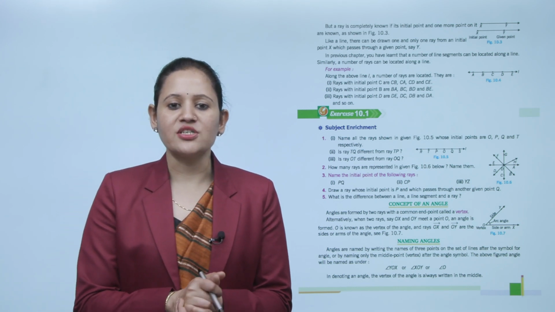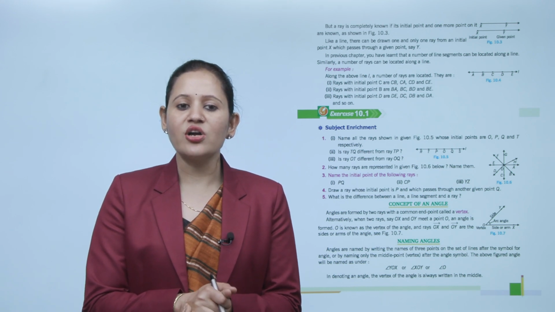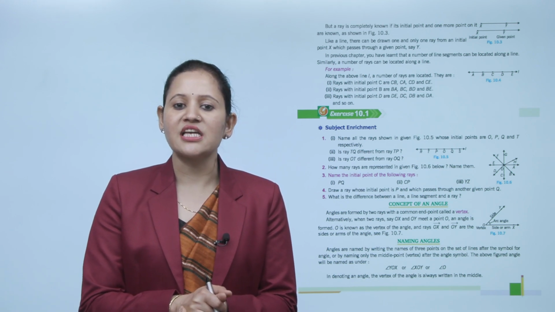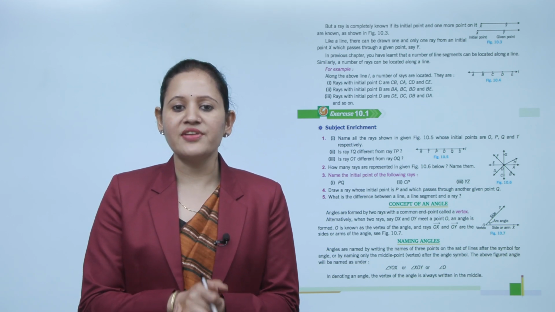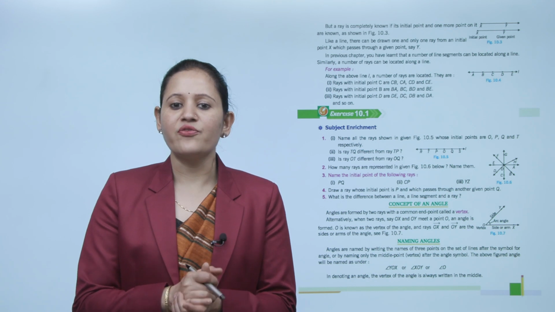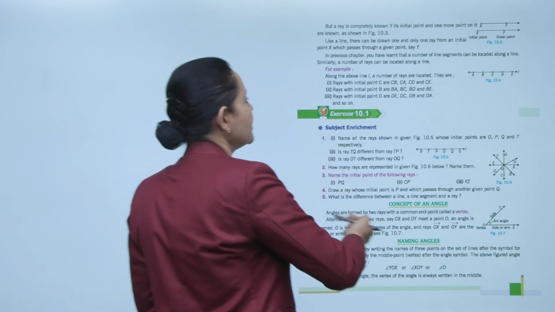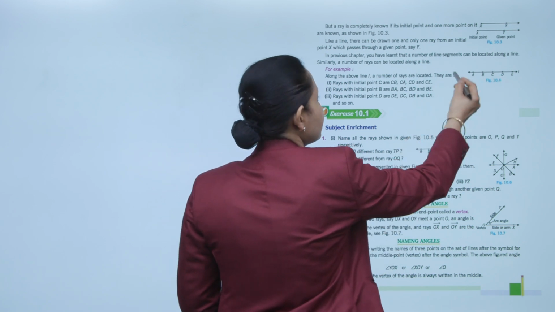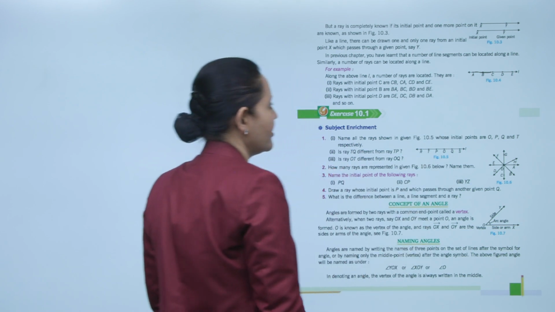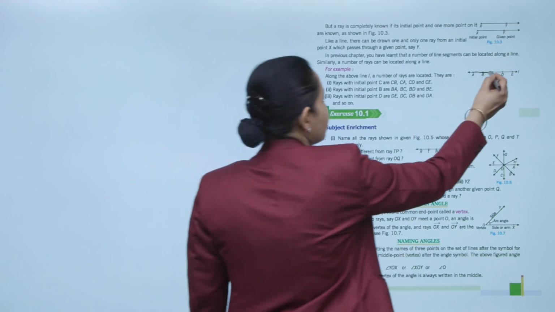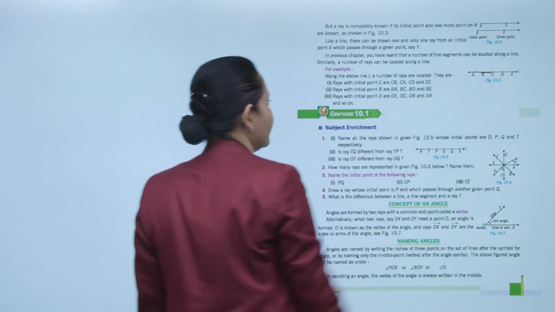In the previous chapter, you have learned that a number of line segments can be located along a line. Similarly, a number of rays can be located along a line. For example, along the above line L, a number of rays are located. Rays with the initial point C, that is CA, CB, CD, CE.